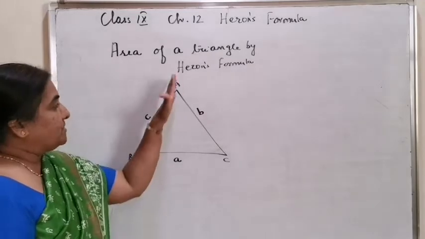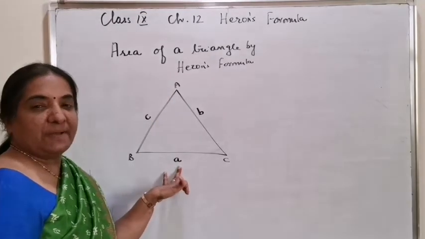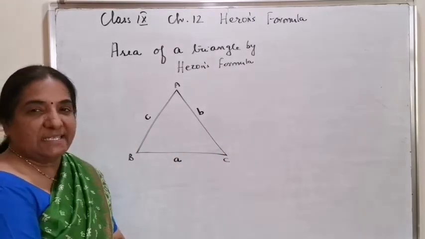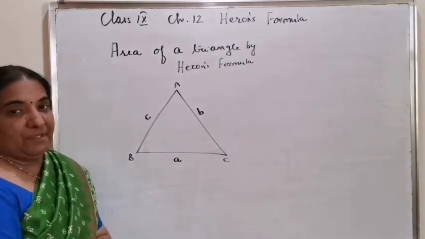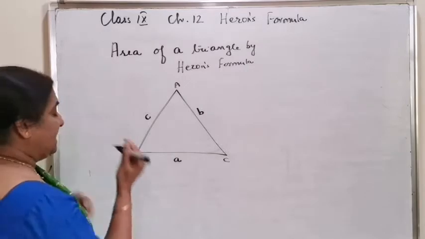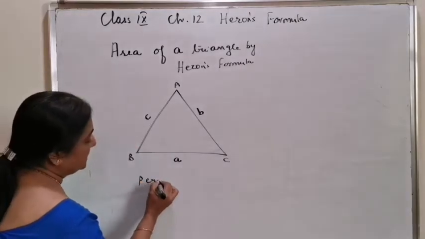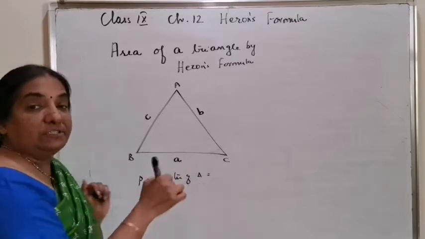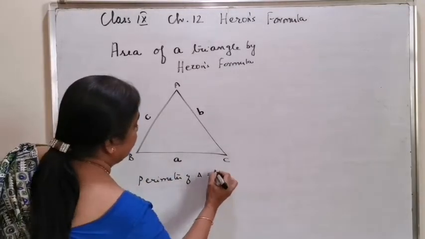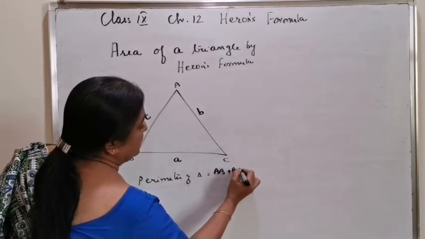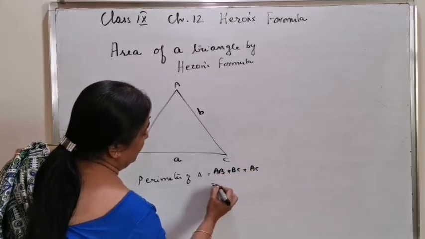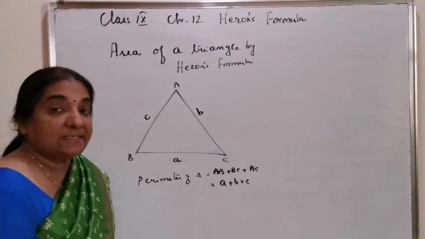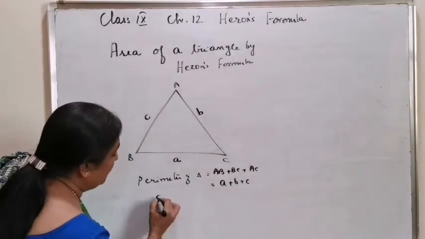Normally, opposite to vertex A, the length of the side will be small a, and opposite to vertex C is the side c. Now, how do you find the perimeter of this triangle? Add all the sides. That is AB plus BC plus AC, or length a plus length b plus length c.